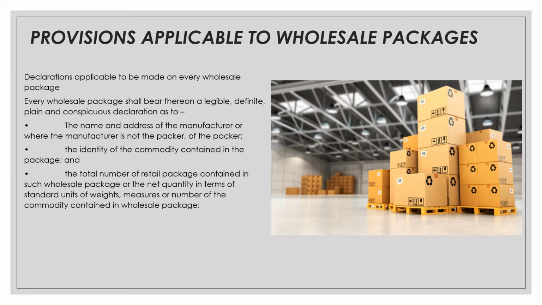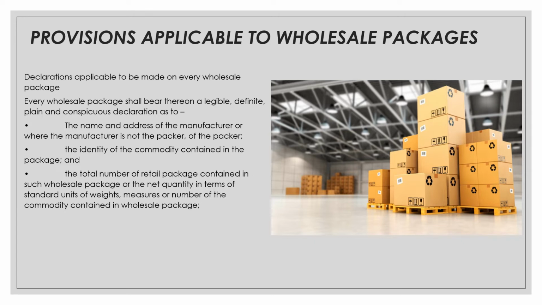Every wholesale package shall bear thereon a legible, definite, plain and conspicuous declaration as to the name and address of the manufacturer, or where the manufacturer is not the packer, of the packer. So this means the wholesale package should clearly mention the name and address of the manufacturer.